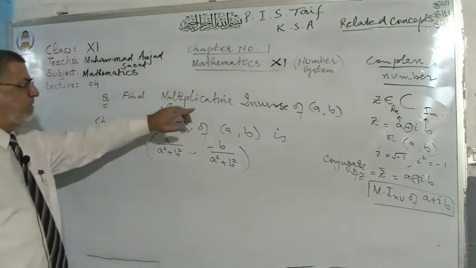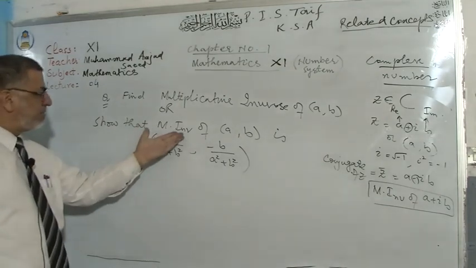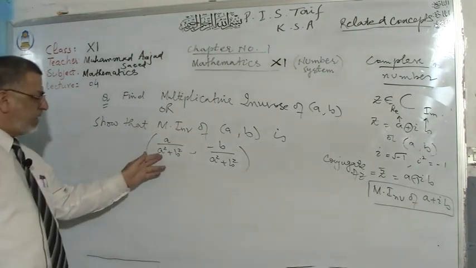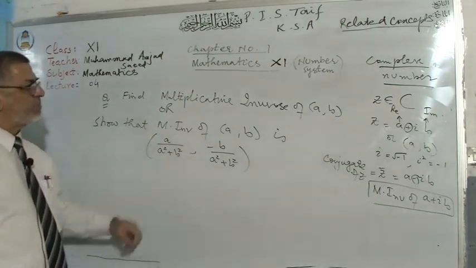Sometimes the question is asked in this way: show that the multiplicative inverse of a plus iota b is a over a square plus b square and minus b over a square plus b square.